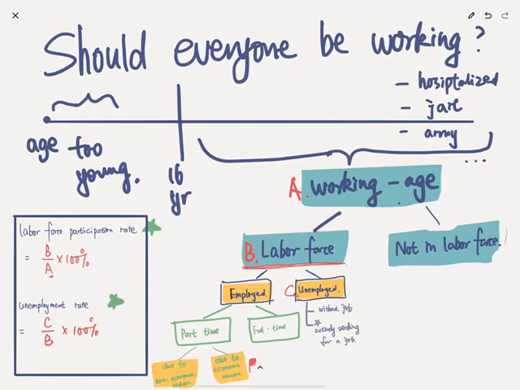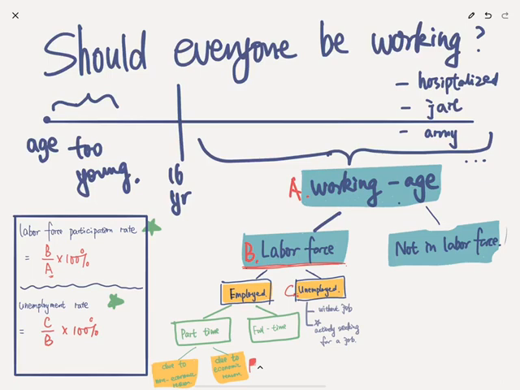Labor force participation rate measures, out of all the working age population, how many of them are willing to participate in the workforce. So we use B divided by A times 100 to give us the labor force participation rate.